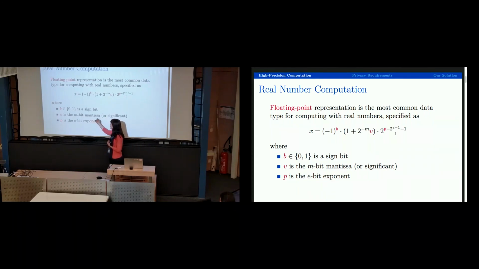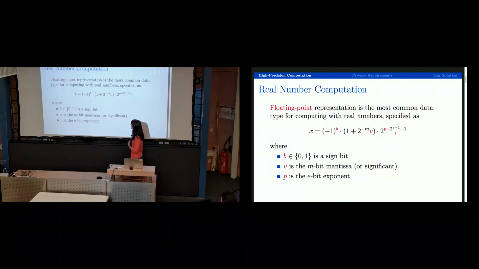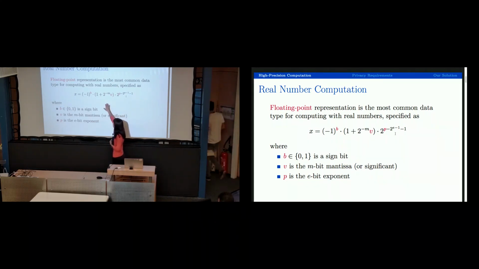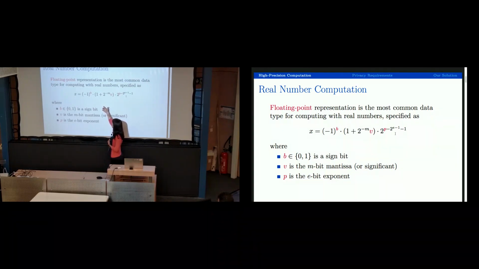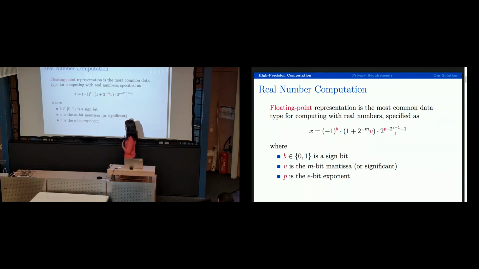So we have V, the M-bit mantissa, and the way it's interpreted is that this is going to be the most significant non-zero portion of the value, where the leading 1 is going to be implicit, and then we store the next M bits of the value within the floating point representation.